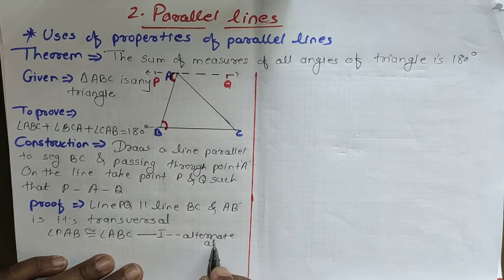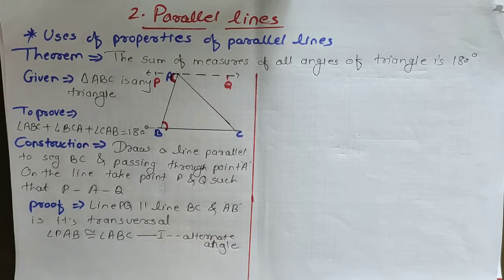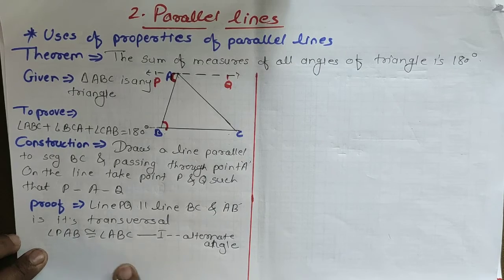If lines are parallel to each other, then the pair of alternate angles are congruent.